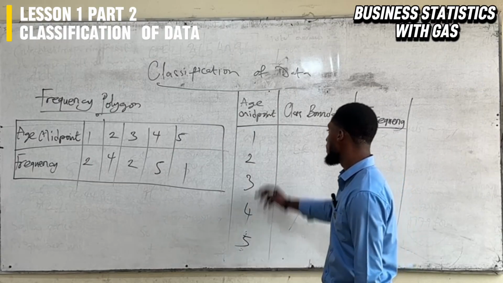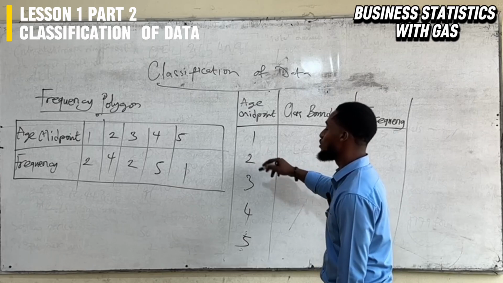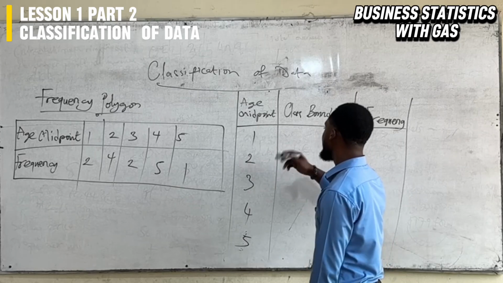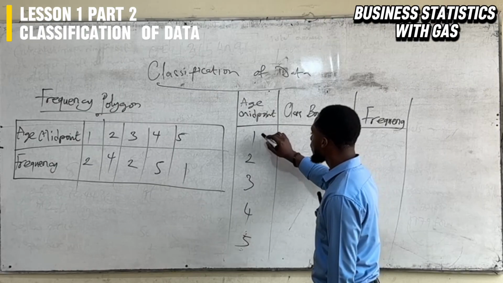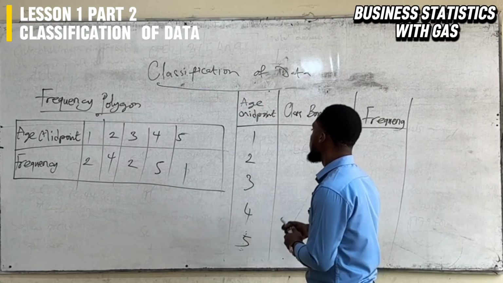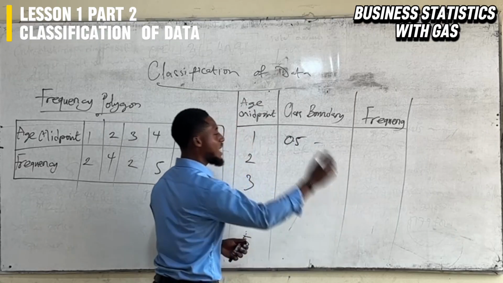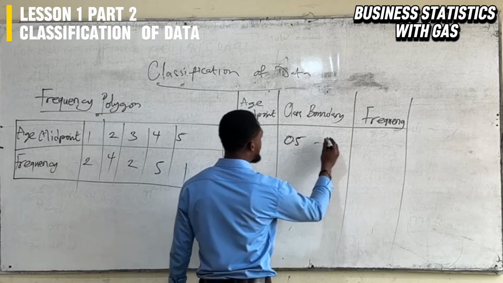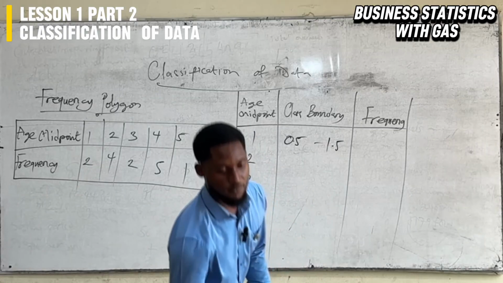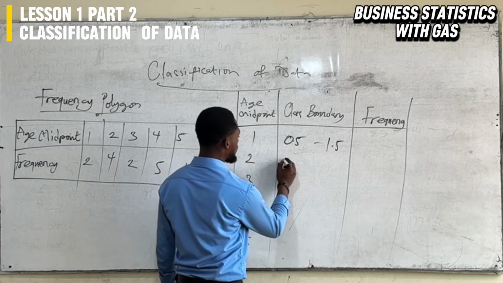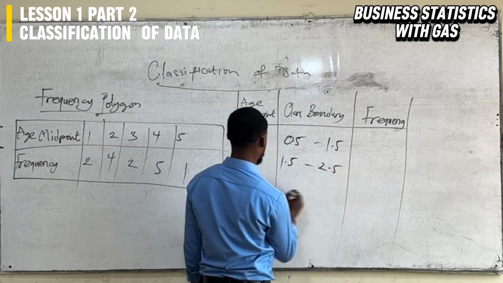So what you do is you subtract the first figure from the second one, you get 1. When you divide it by two, you are getting 0.5. So you subtract 0.5 from 1, and you are getting 0.5 itself. Then you add 0.5 to the 1 again, you are getting 1.5. You do the same for the others. So it follows like this, then like that.